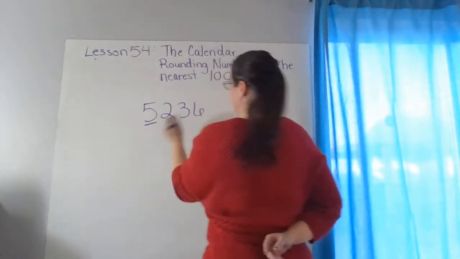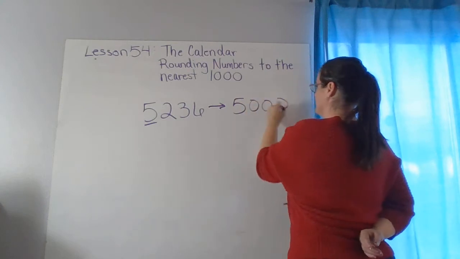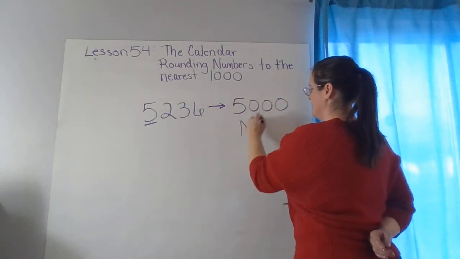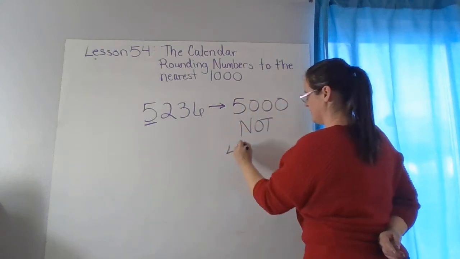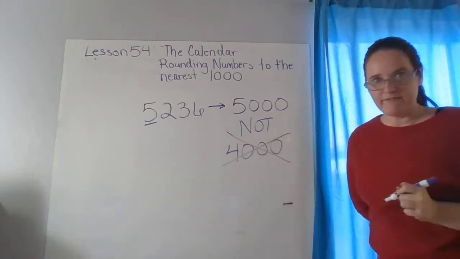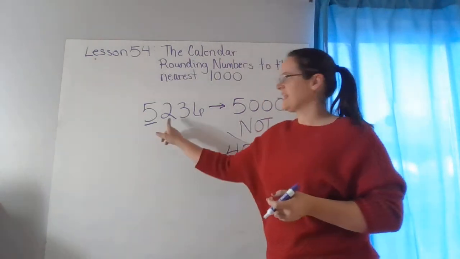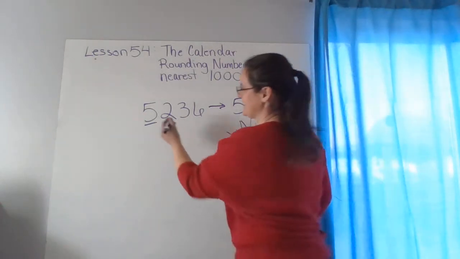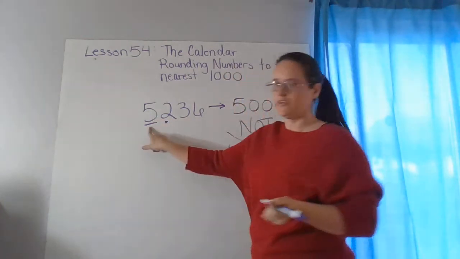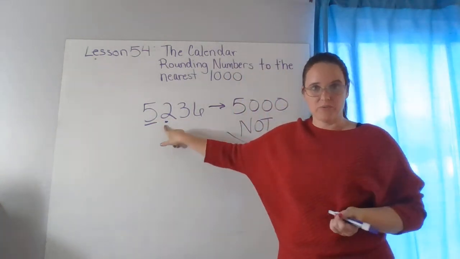Let me write that. Not 4,000. Now, how did I know I round down? This is when we look at the next digit. Whatever place value we're rounding to, we look at the next digit and we follow the rule.